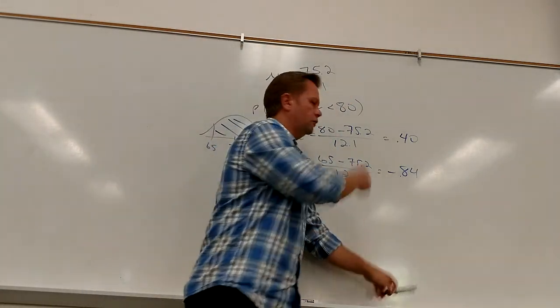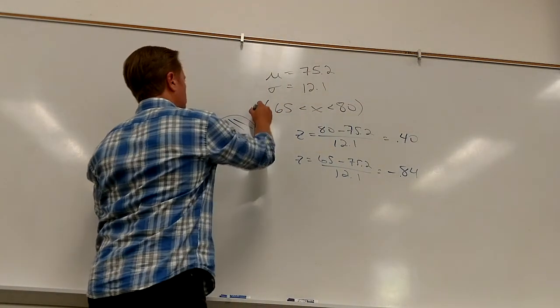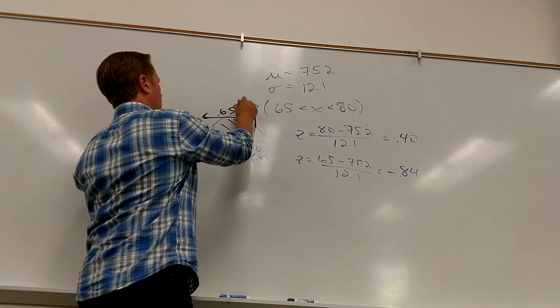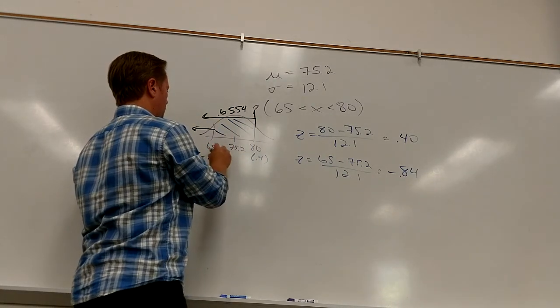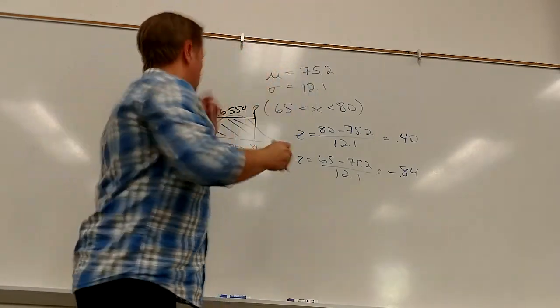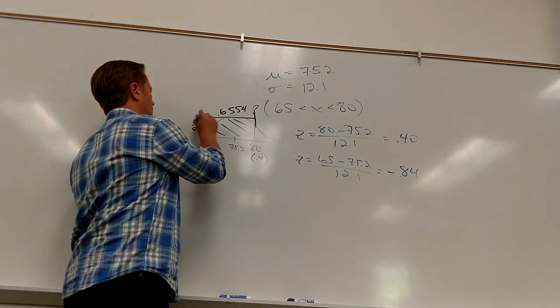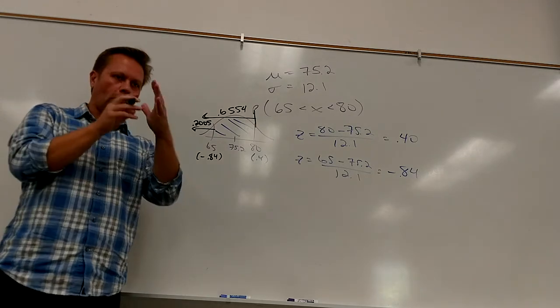So 0.4 leads you to an area of 6554. Of course, negative 0.84 gives you what area? 2005.